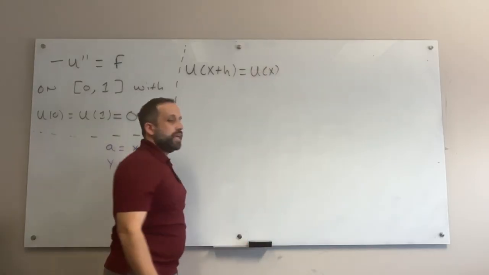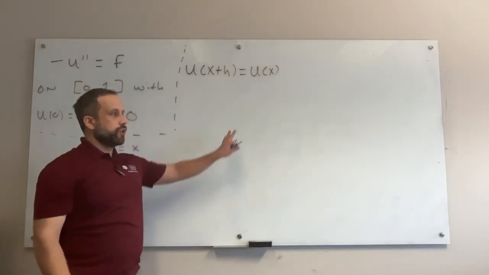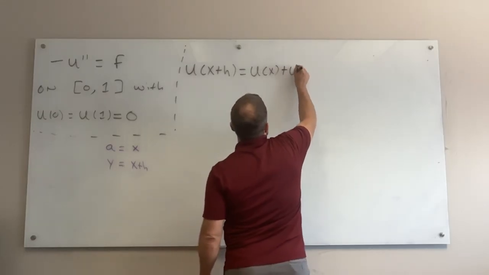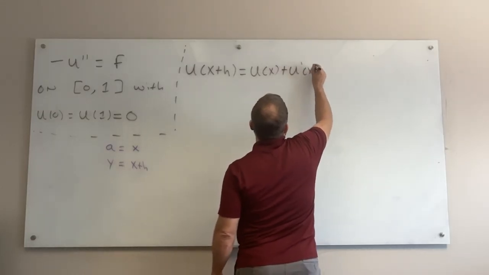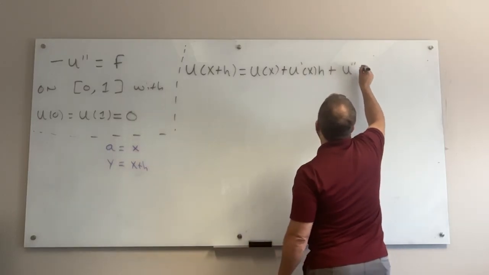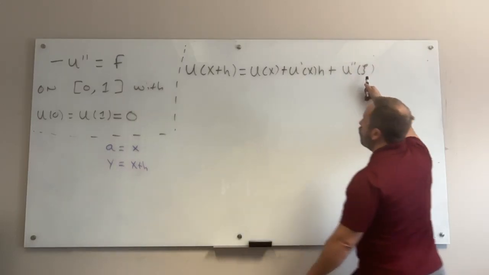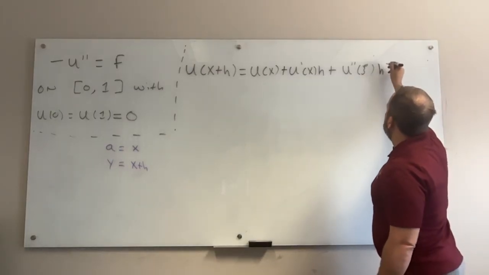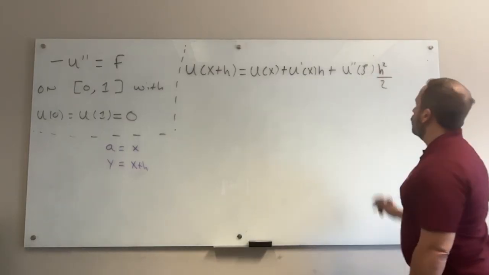So if I just look at the first three terms, we're going to have u of x plus u prime of x times h plus u double prime of c, where c is somewhere between x and x plus h, times h squared over 2 factorial, which is just 2.